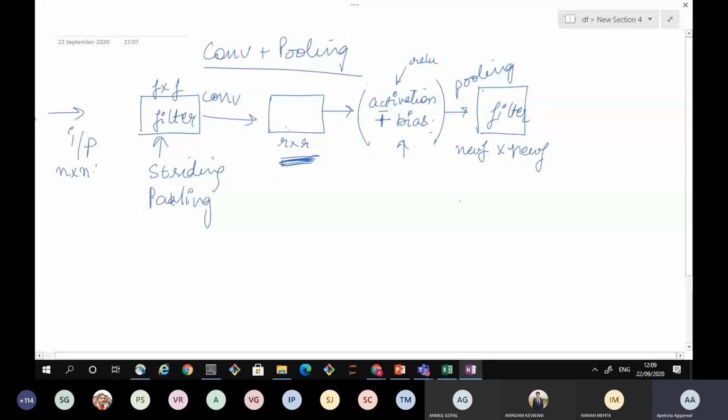We had some filter of size new f cross new f, and so finally what do we get? We get r by new f cross r by new f size of final output image after pooling. Okay, so this is my convolution plus pooling overall workflow.